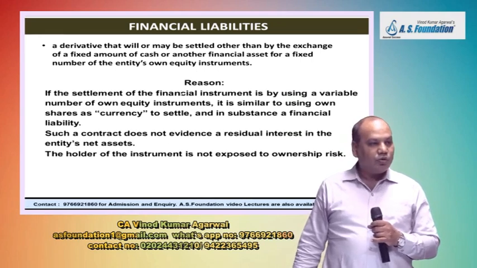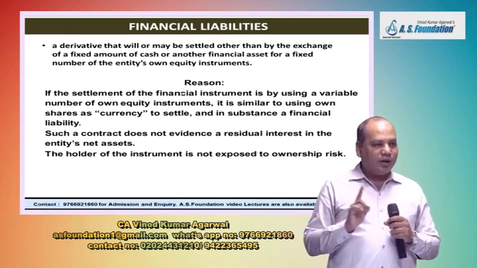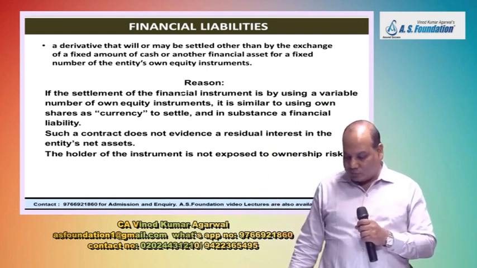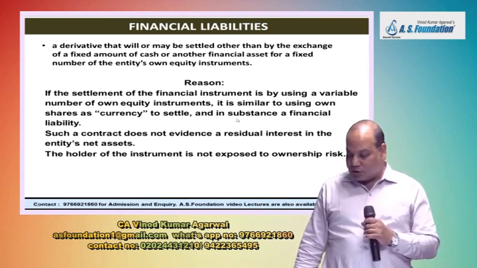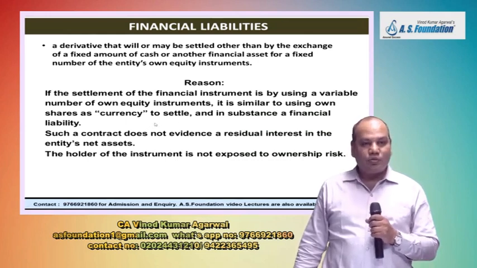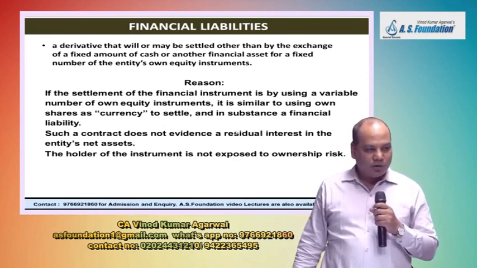Then there is a reason why: whenever there is variability involved, either in amount or in number of shares, it is a liability. If the settlement of the financial instrument is by using a variable number of own equity instruments, it is similar to using own shares as currency to settle, and in substance it is a financial liability.